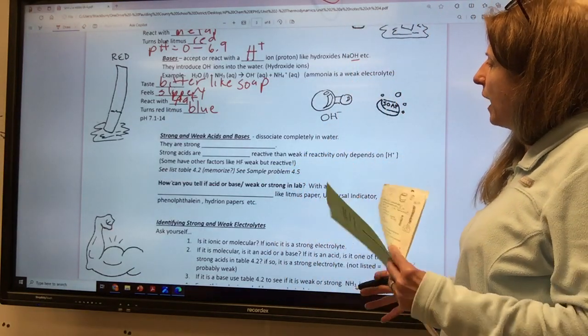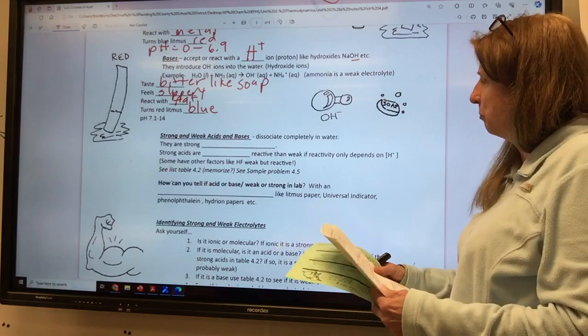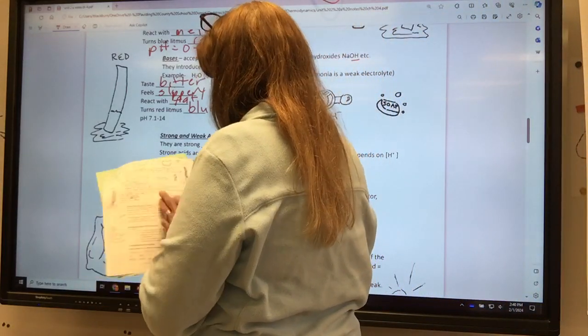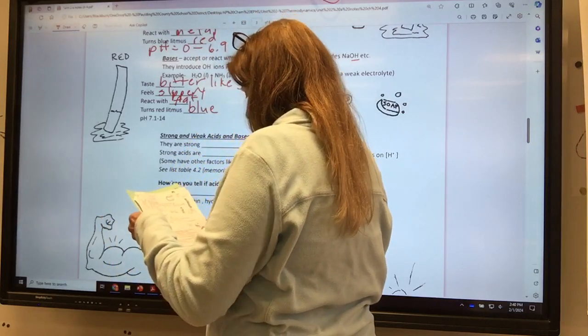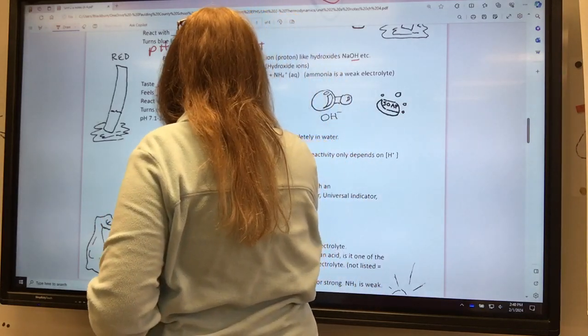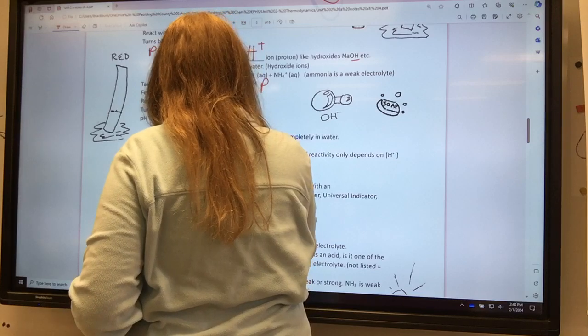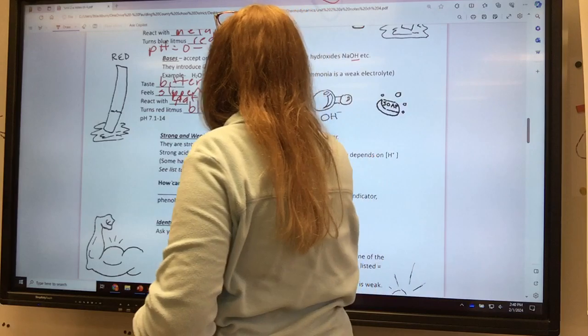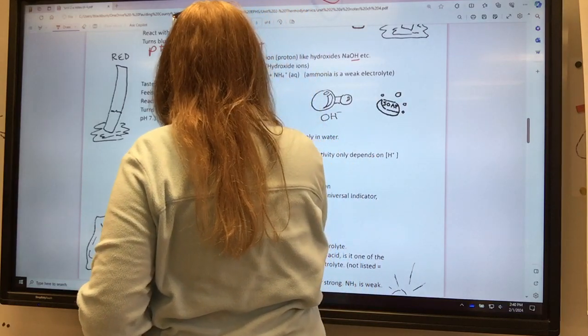Okay, strong acids and bases dissociate completely in water. They are strong electrolytes. Strong acids are more reactive than weak acids.